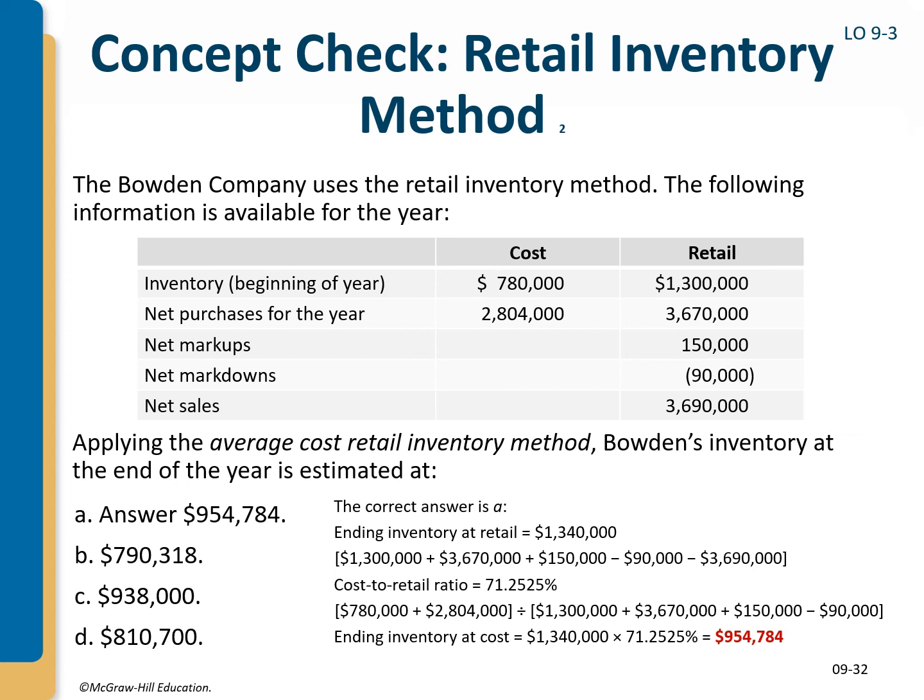So cost is that percentage of retail. If we multiply the ending inventory at retail, $1,340,000 times 71.2525%, the estimated cost of ending inventory is $954,784.